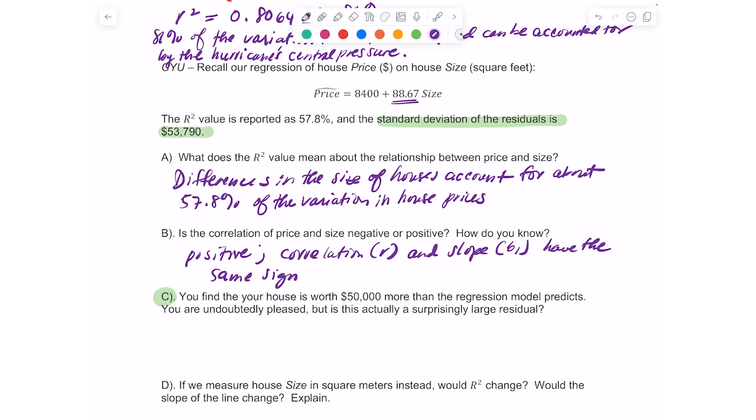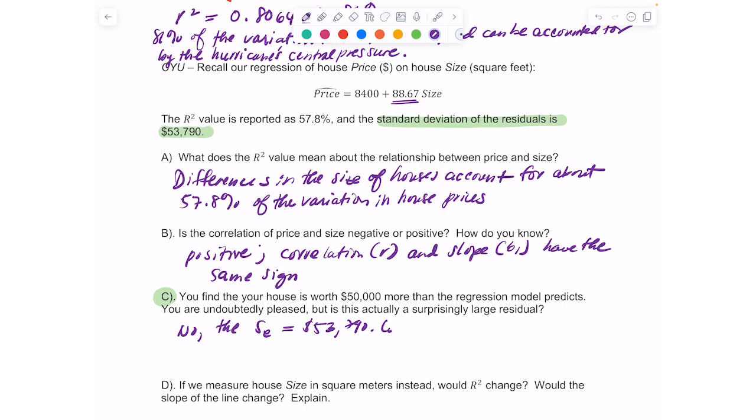Okay, so no, the standard deviation is $53,790, right? And we shouldn't be surprised by any residual smaller than 2 standard deviations. Because anything more than 2 standard deviations away from the average would be surprising because it would be unusual, as we learned in chapter 5, right? And $50,000 is less than 1 standard deviation.